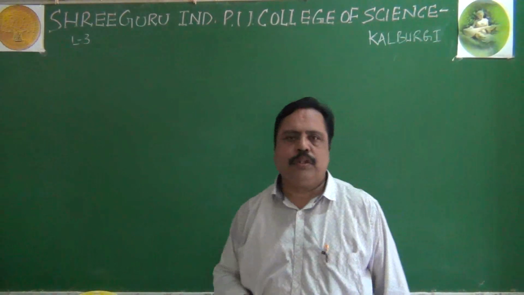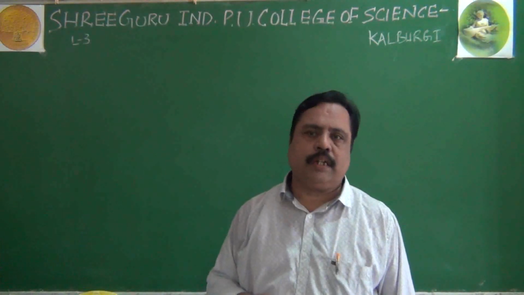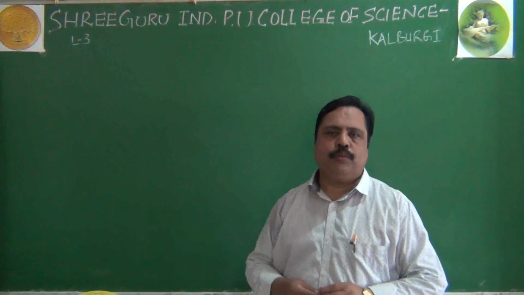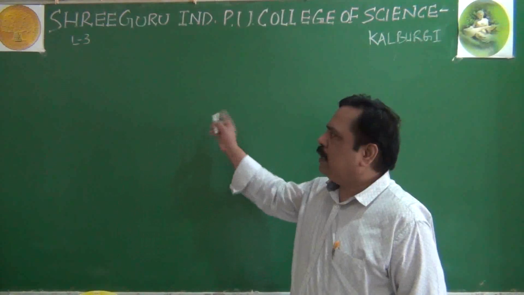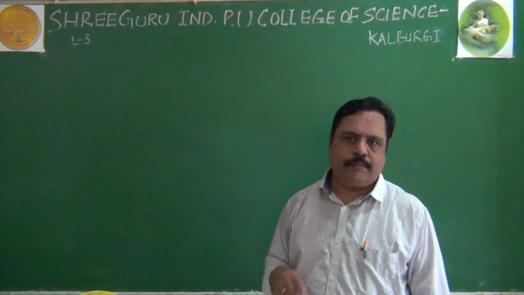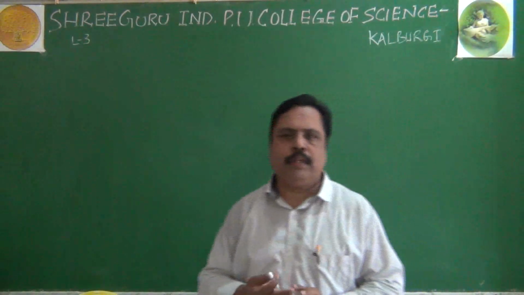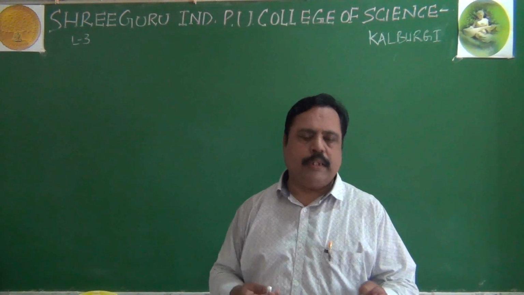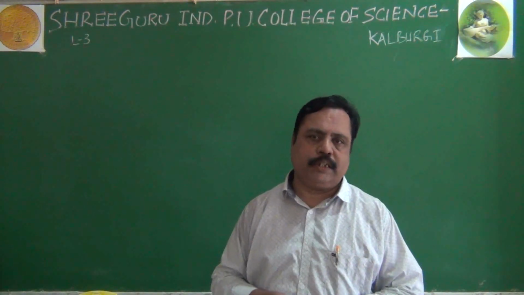Morphology refers to external appearance or external features of an organism, and flowering plants refers to angiosperms, you may be knowing. So in a typical angiosperm plant, there will be root, stem, leaf, inflorescence, flower, seed, fruit, like that various parts are present.